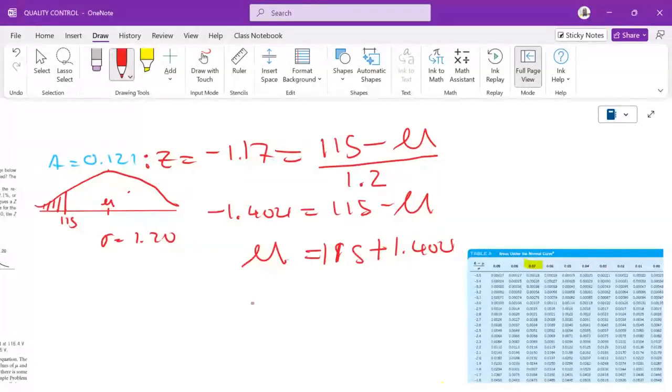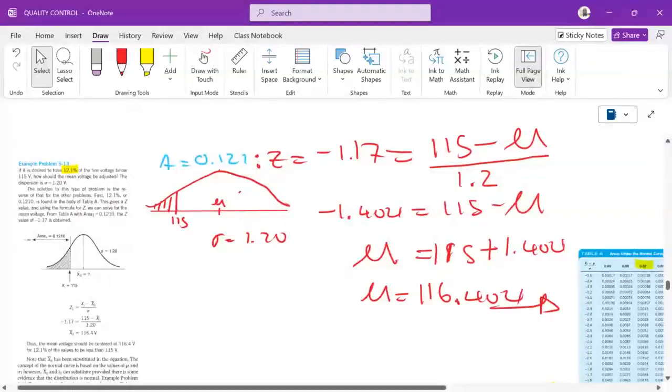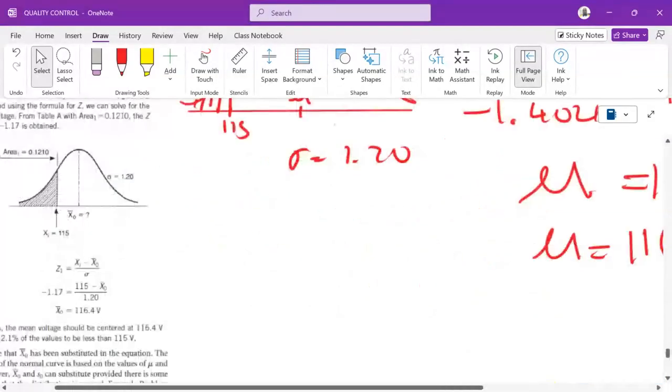Then we have this as 116.404. There it is, your answer there.